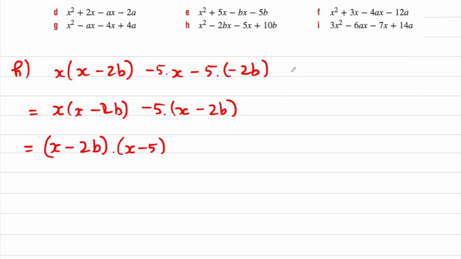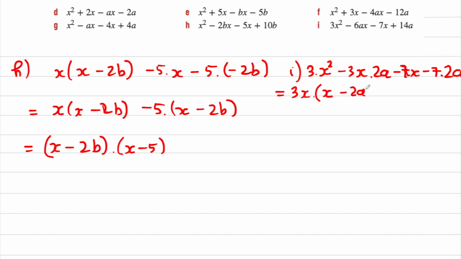Question I. About question I. 3x squared minus 6xa minus 7x plus 14a. The first bracket, I can see the first common factor for these two terms is 3x, so 3x will be outside, x will be here, and minus 2a.